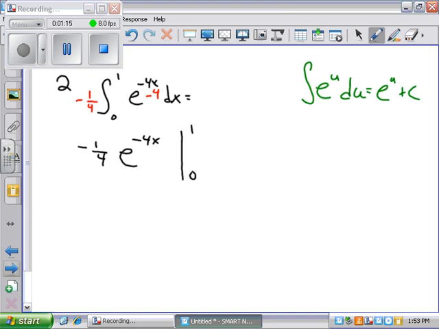We draw the line. And it's up to you if you want to leave the -1/4 out and distribute or keep it in there. We're going to plug in the 1 first. -1/4 e to the -4 times 1 minus a negative, so plus 1/4 e to the 0. Is u just -4x? Yes.